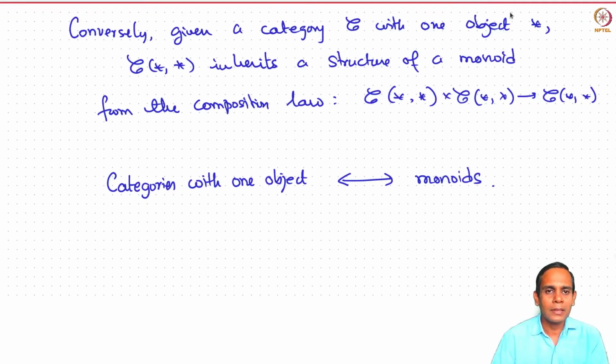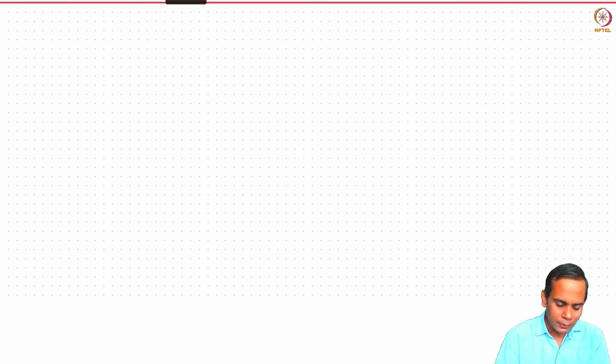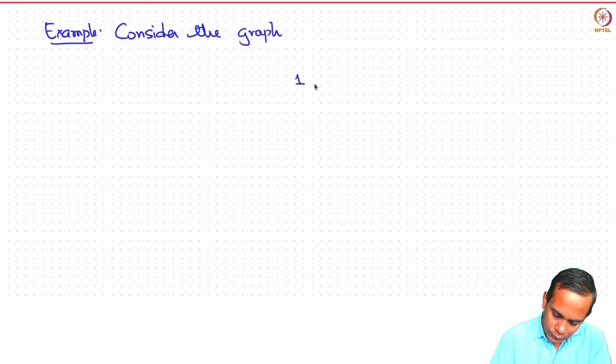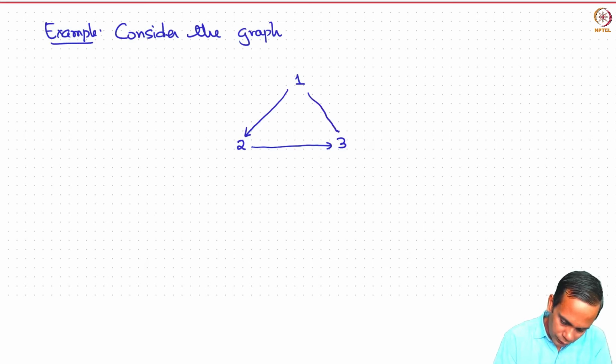Now let's look at a somewhat synthetic appearing example. So consider the directed graph, sort of a visualization of a category. This graph has three vertices, 1, 2 and 3, and we have an arrow from 1 to 2, an arrow from 2 to 3, and an arrow from 1 to 3.